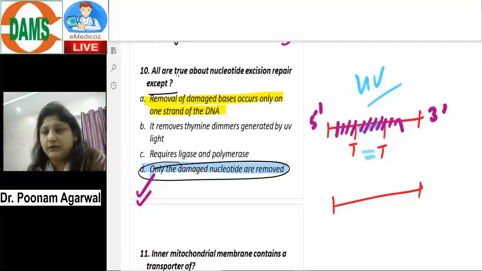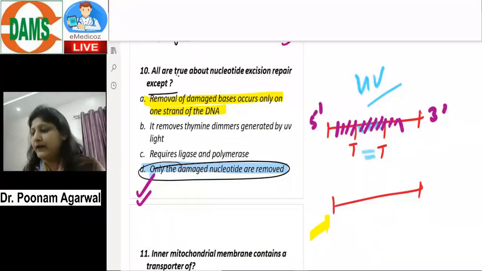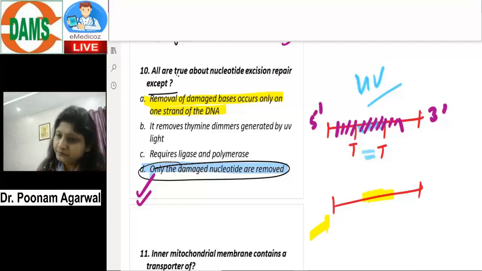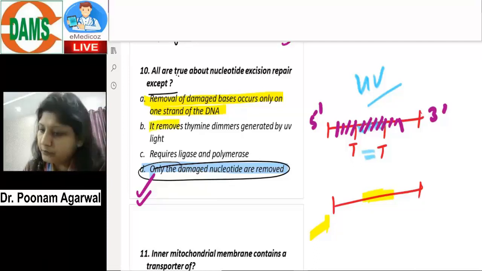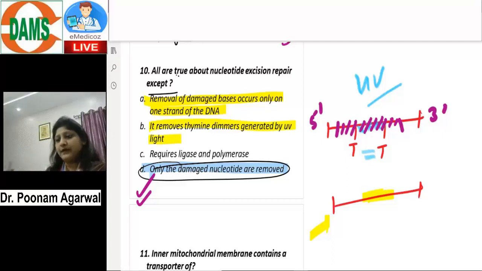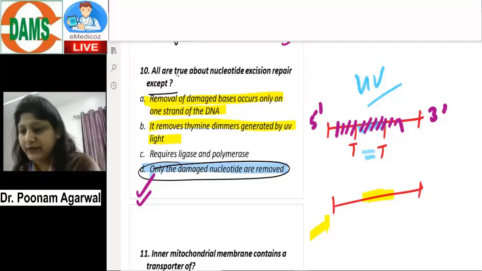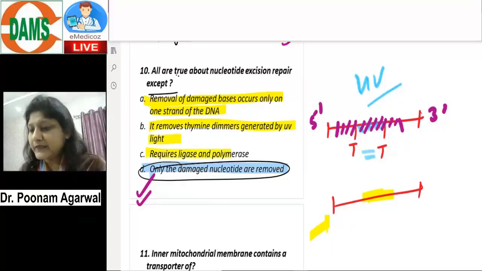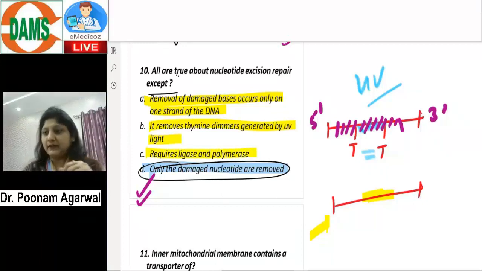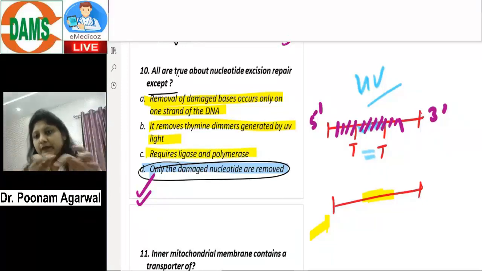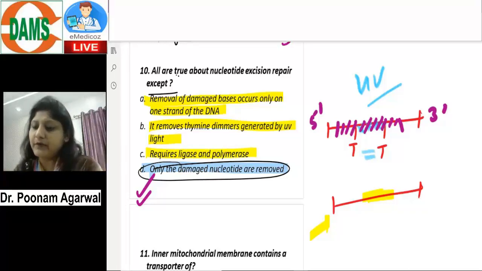The other strand is just observing what is happening, and ultimately when the gap is created, it will provide the template for the gap filling process. I have already told you the thymine dimerization produced by ultraviolet light is removed in nucleotide excision repair, and it requires ligase and polymerase. First the exonuclease which can excise the DNA segment, then DNA polymerase, and then ligase enzyme will be required to complete the process.